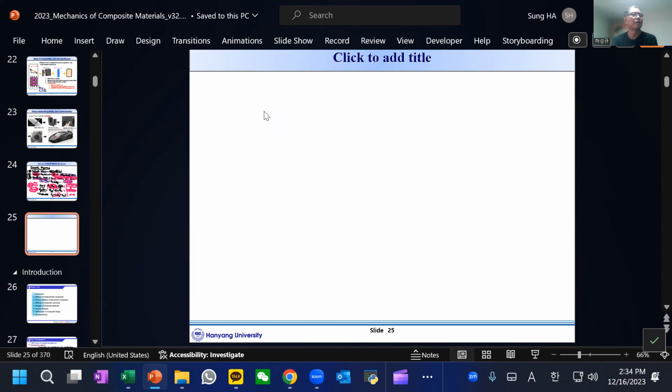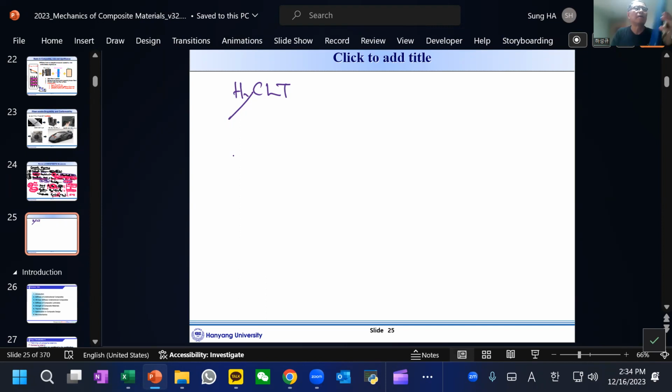But I just like to give you some subjects, such as CLT. As you can see, CLT can be one of the most effective tools to understand and calculate the behavior of composites.